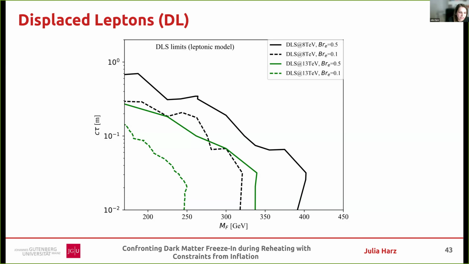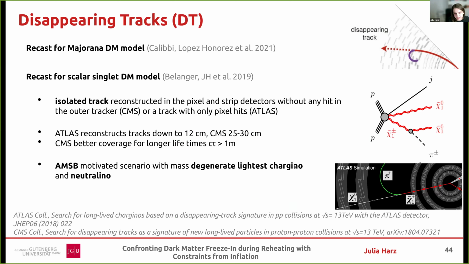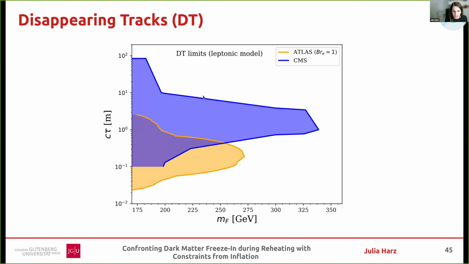If you then go to the disappearing tracks, we looked into a search which was also SUSY motivated, with degenerate charginos and neutralinos, a chargino decaying into a pi and a neutralino. This we could also recast for our scalar singlet model, and took two analyses that had different sweet spots from ATLAS and CMS. And then you see we get these exclusion limits.